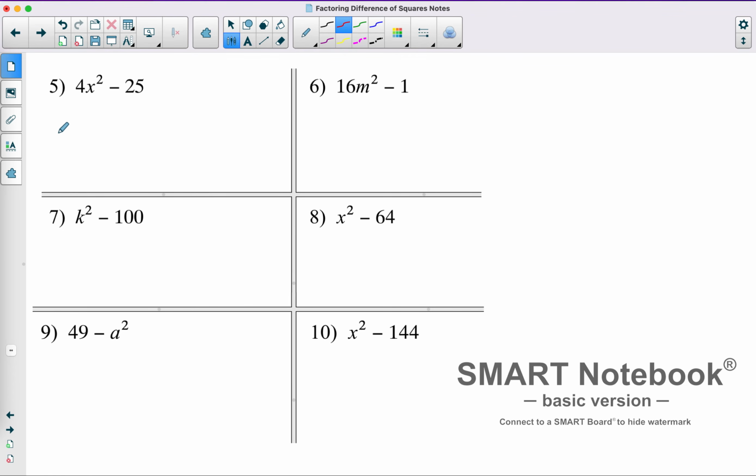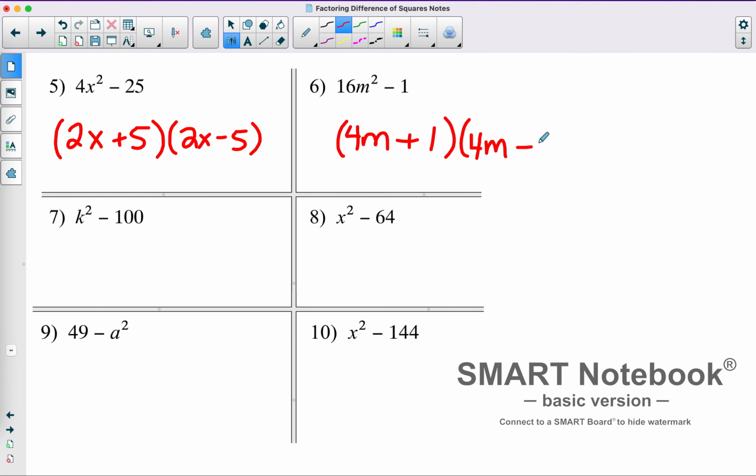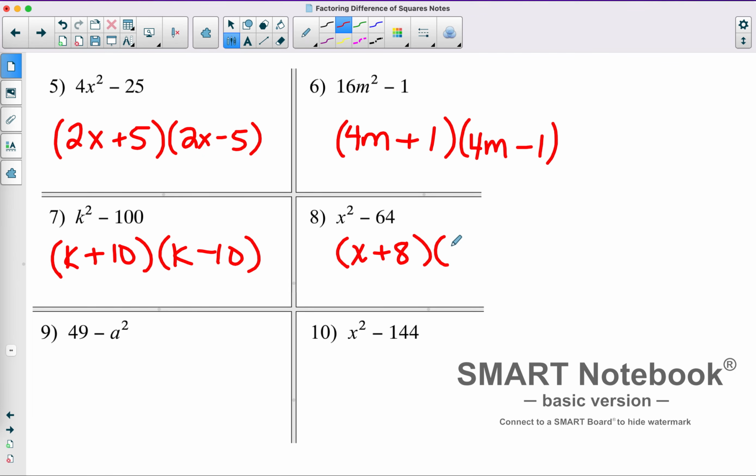All right, so for 5, you would have had 2x plus 5, 2x minus 5. 6 would be 4m plus 1, 4m minus 1. 7 would be k plus 10, k minus 10. 8 is x plus 8, x minus 8. 9 is 7 plus a, 7 minus a.